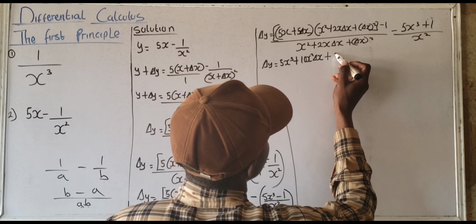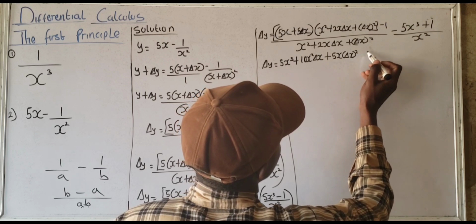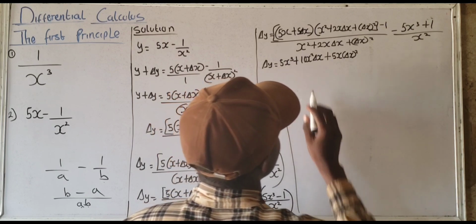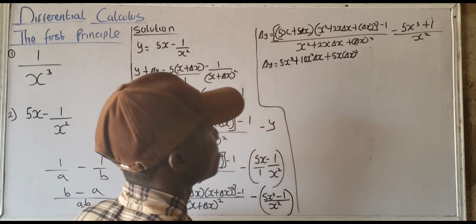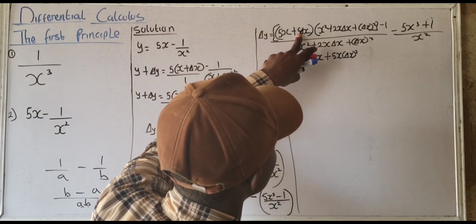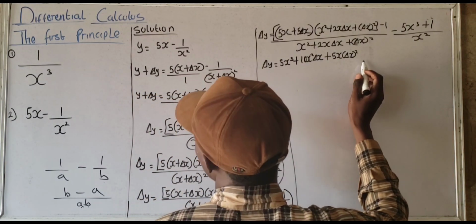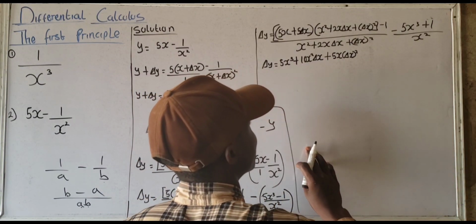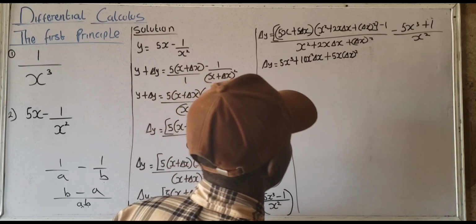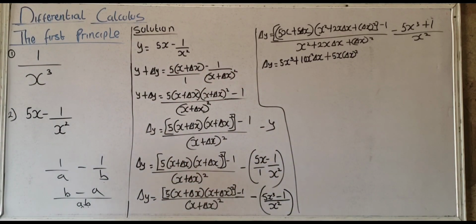Plus 5x delta x squared. Okay? We are still going to have 5 delta x times x squared, that is what? 5x squared delta x. I don't think this space can size it, and nevertheless, I'm going to make sure that you understand, okay?